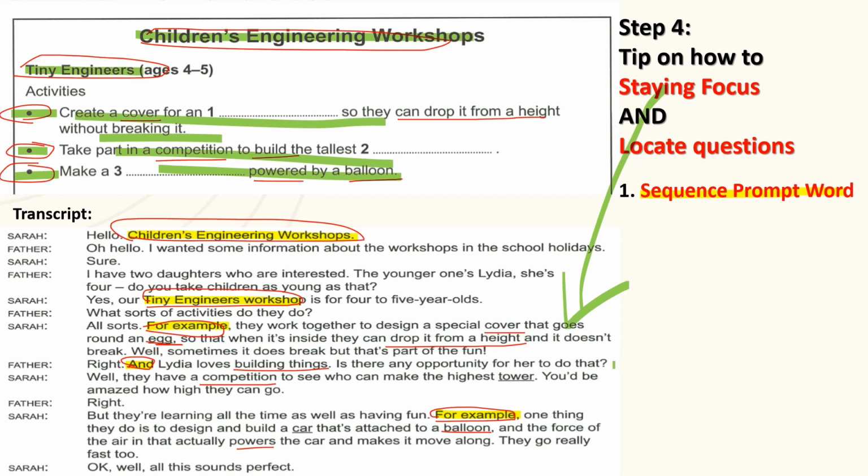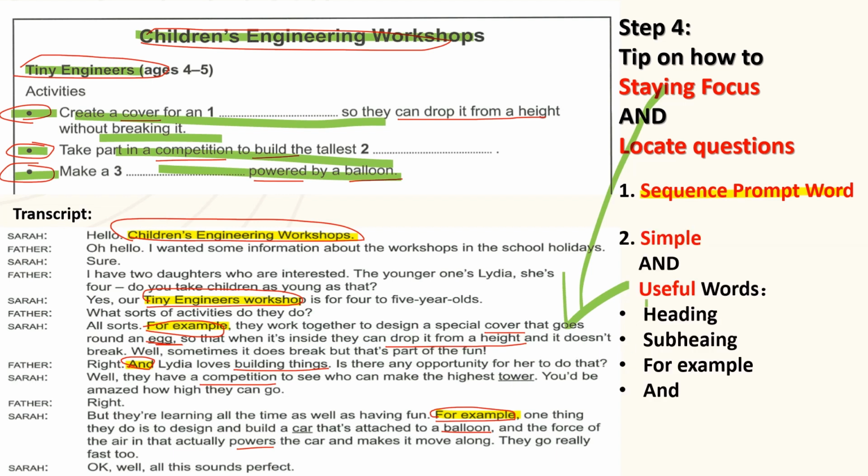As you can see, the words we highlighted earlier, such as, for example, and, are extremely simple. We can definitely recognize them. Compared to other more challenging vocabulary in the recording, it's much more efficient for us to focus on these simple and highly useful words.